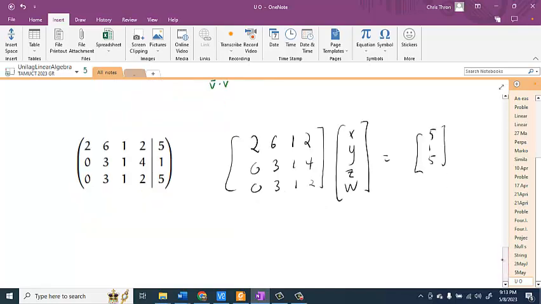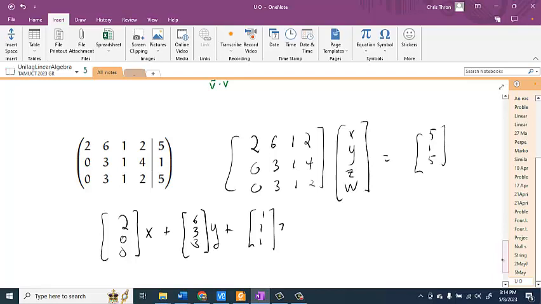You can write these out as 3 algebraic equations. You can also write this as (2, 0, 0) times x plus (6, 3, 3) times y plus (1, 1, 1) times z plus (2, 4, 2) times w is equal to (5, 1, 5).